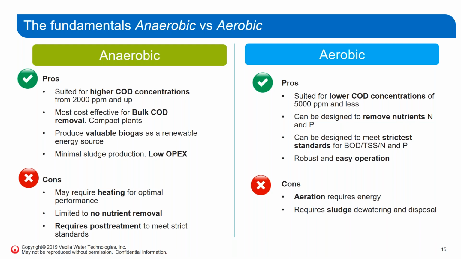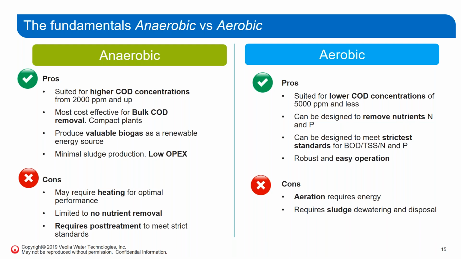It will produce biogas, which is of course a renewable energy source, which will help to reduce carbon footprint in plants. And another important feature for anaerobic treatment is that minimal sludge is produced. So overall, it's a very low OPEX and CAPEX system.